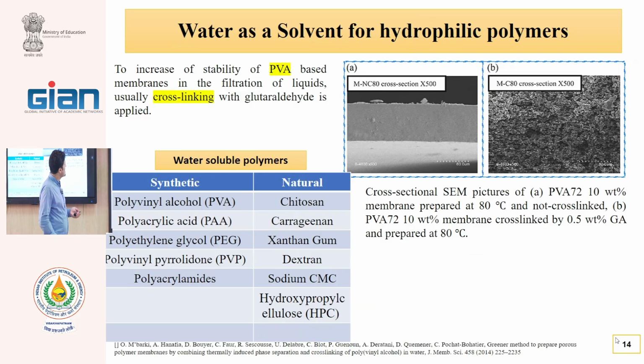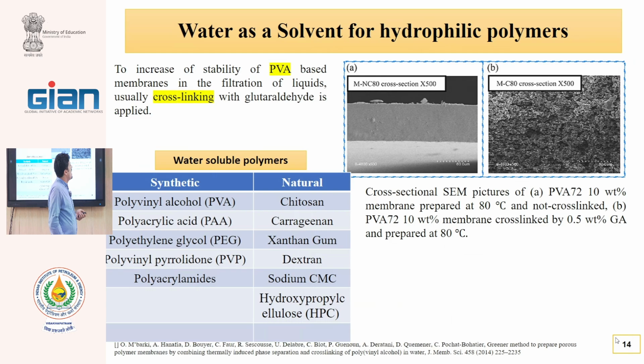Therefore, the fabrication of the pervaporation membrane with PVA is easy, and there are commercial PVA pervaporation modules. It is very green, and we have water as the solvent.